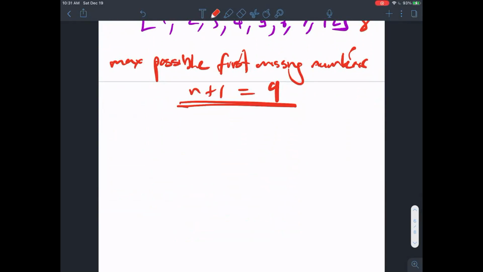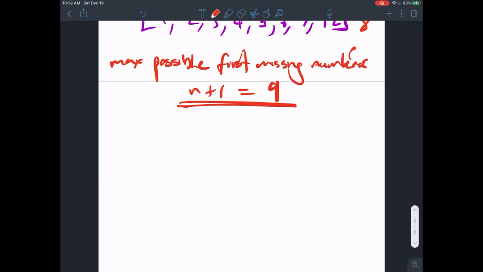For example, how important are negative numbers in determining our solution, or how important are numbers which are larger than our length, for example, of the digits?